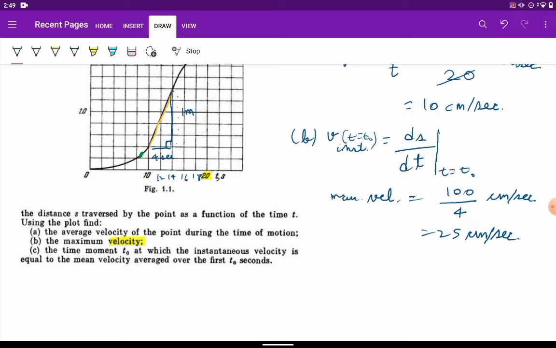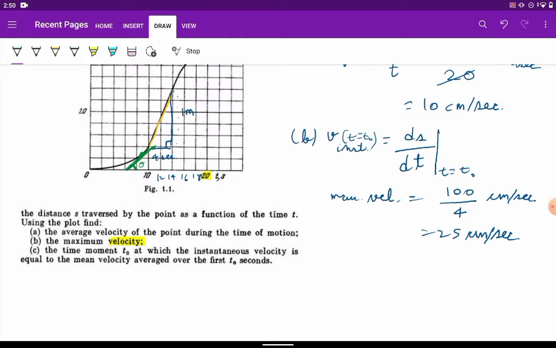Instantaneous velocity is basically the gradient. If we consider the tangent over here, it makes an angle theta, and tan theta is basically the instantaneous velocity. And what is the average velocity?